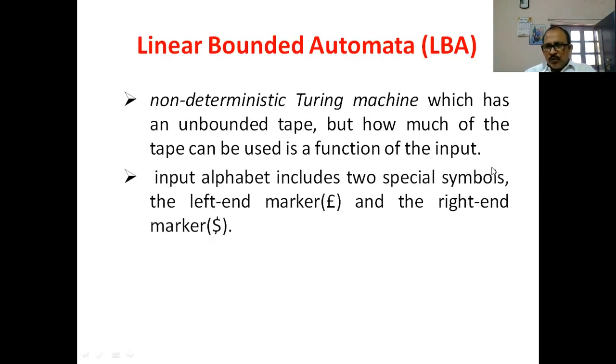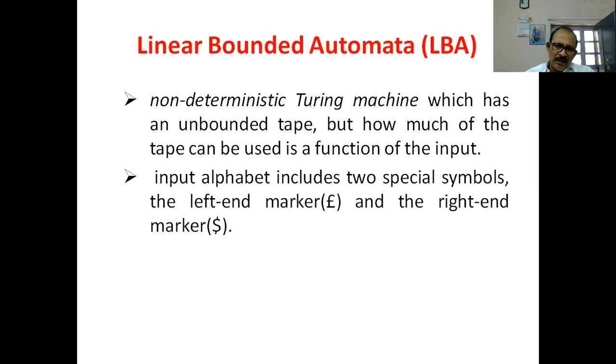The input alphabet includes two special symbols: one is the pound sign and the next is the dollar sign. The pound sign is treated as a left-hand marker and the right-hand marker is denoted by the dollar sign. So a linear bounded automaton is a non-deterministic Turing machine whose input alphabet contains these two special symbols.